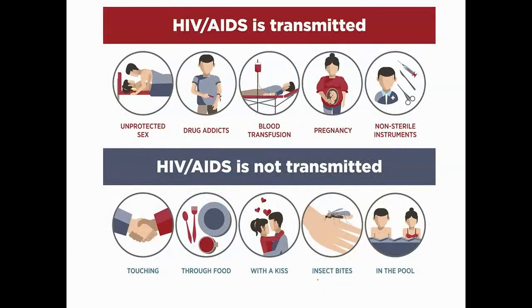HIV and AIDS is transmitted through unprotected sex, drug addicts, blood transfusion, pregnancy, non-sterile instruments. It is not transmitted through touching, through food, kissing, insect bites, and in the pool. So it is helpful as a provider that you do know this and that you can clarify any concerns or maybe misinformation out there.